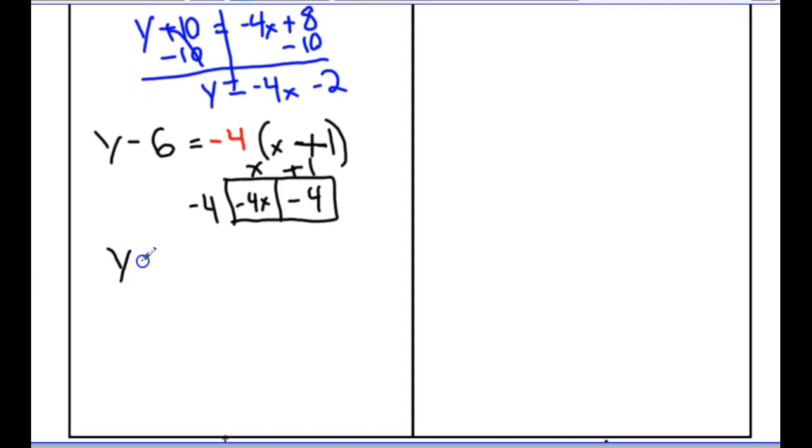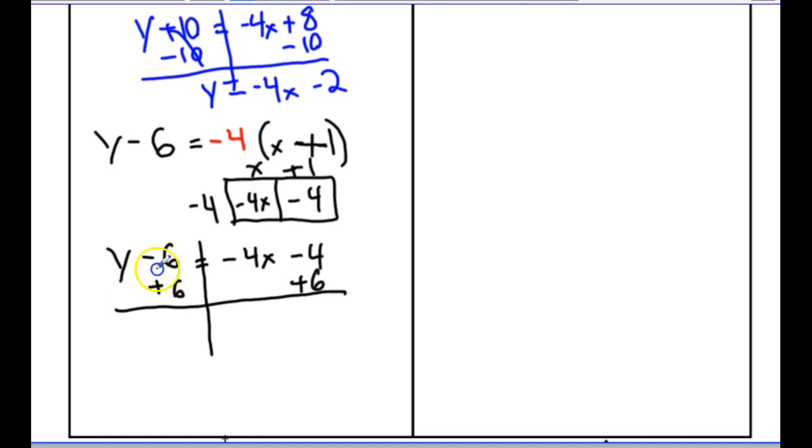So we get y minus 6 equals -4x minus 4. Add 6 to get y by itself. So we get y equals -4x plus 2.